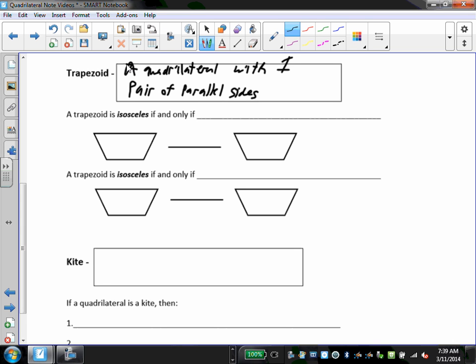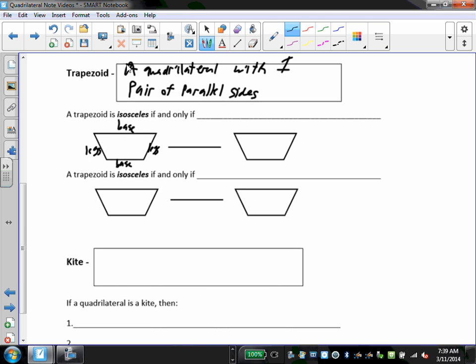So that is part of what makes this a trapezoid. The two parallel parts of the trapezoid are usually called bases, and then the sides are called legs. So that's just a little bit of extra vocab for you.